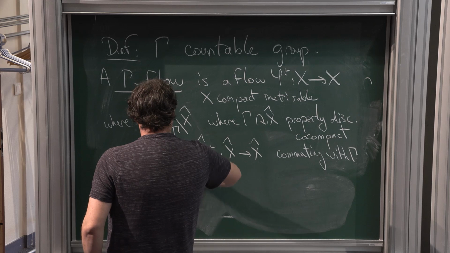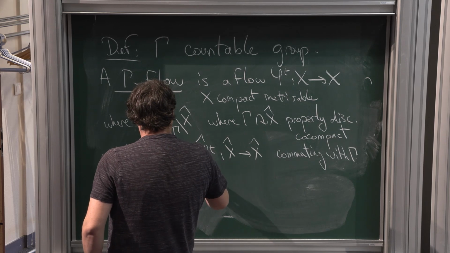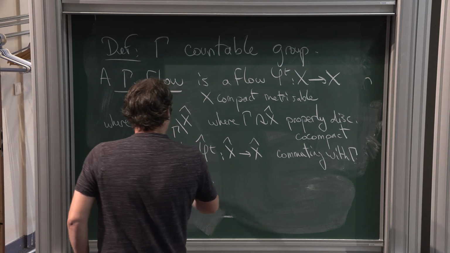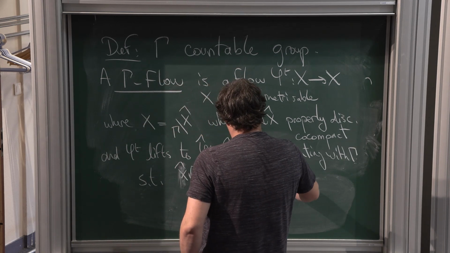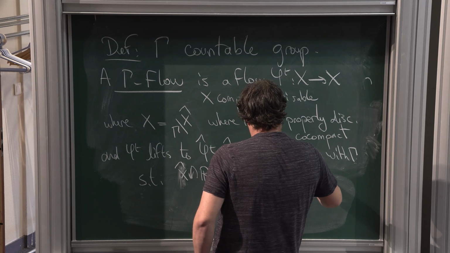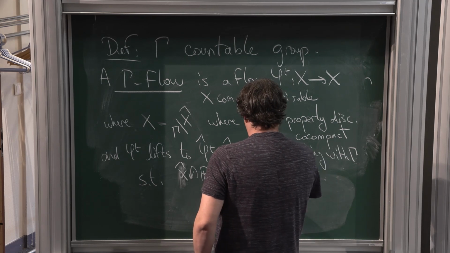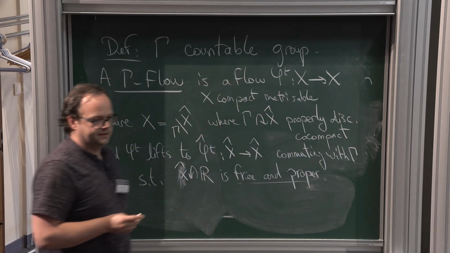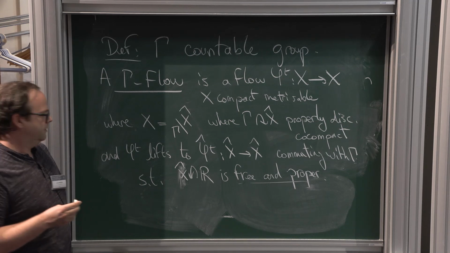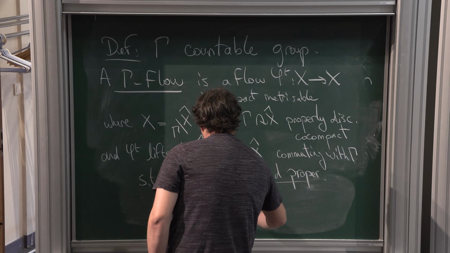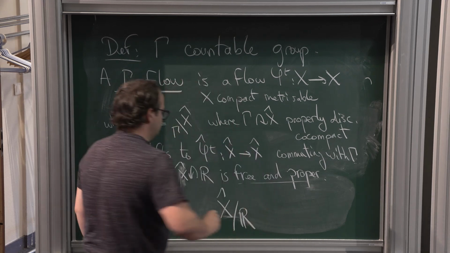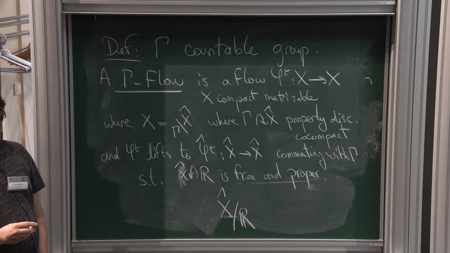So the resulting action of the flow on x hat is free and proper. And saying that this action is free and proper is saying that now I have a nice orbit space x hat mod the flow. Right?